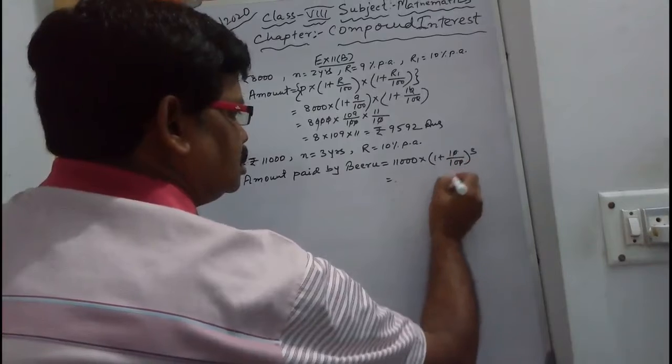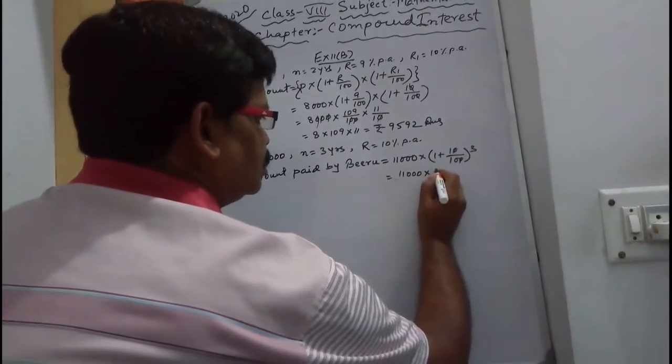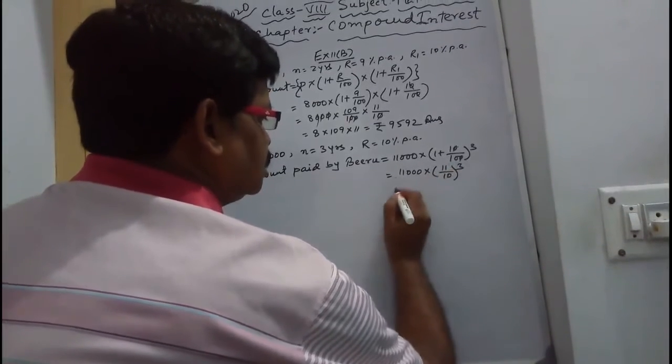Now cancel 1 0. So 11,000 into 11 by 10 power 3.